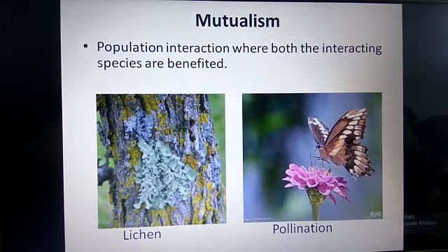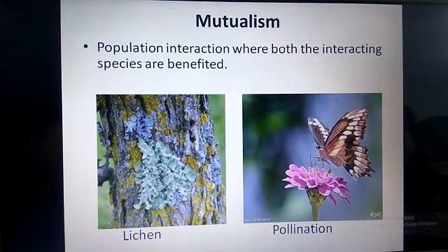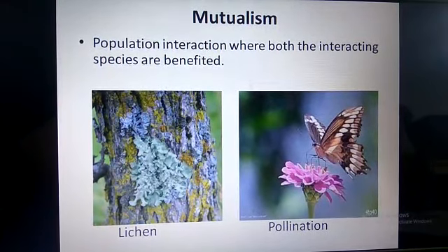In lichen, the fungi provide the raw materials necessary for the algae to perform photosynthesis. So the algae use those raw materials and perform photosynthesis and produce food. This food is utilized by the fungi as well. So here both algae and fungi benefit from each other.